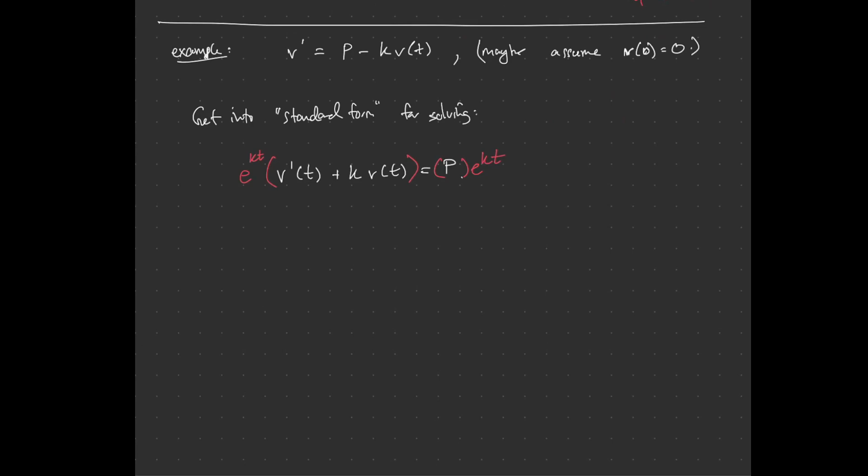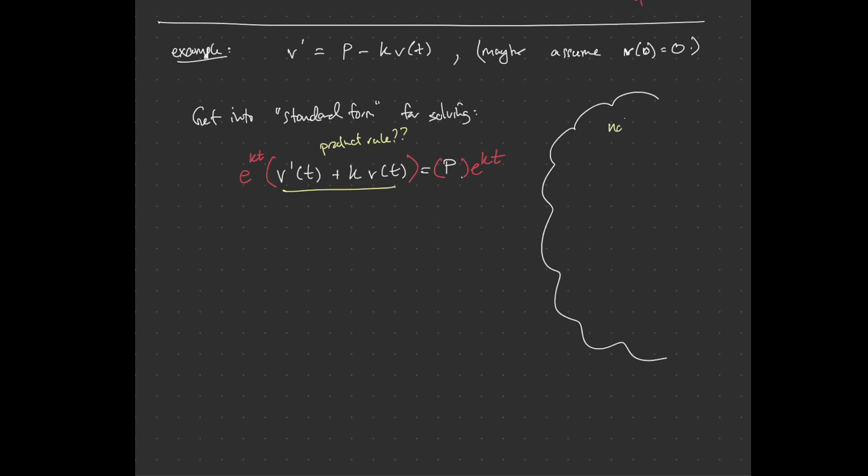And so I'll write it like this so you can see what I'm talking about. On the left, since I'm an avid calculus practitioner, I see, hey, v prime plus something times v, that looks like it came from the product rule, maybe? And so, what must this have been if it came from the product rule?